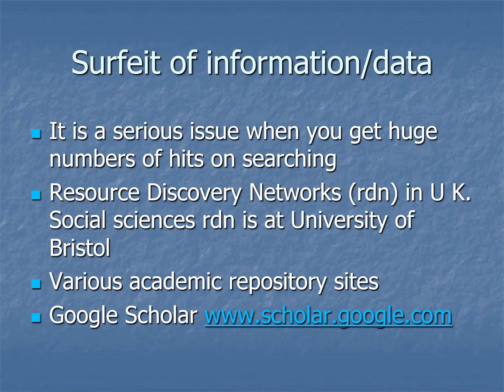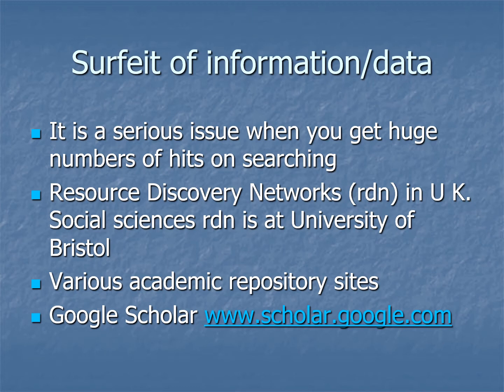Surfeit of information, as I said, huge number of hits. Resource discovery network, there are problems, but there are solutions. It is at University of Bristol, and it works by providing you proper kind of searches for social science. And then there are academic repository sites where we can go and look at the things.